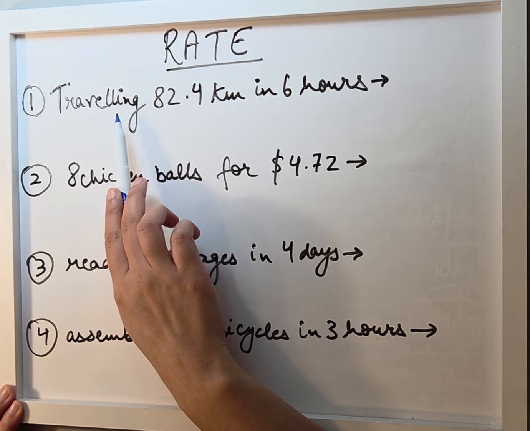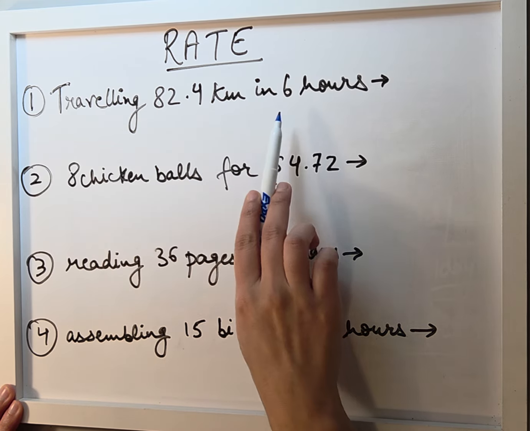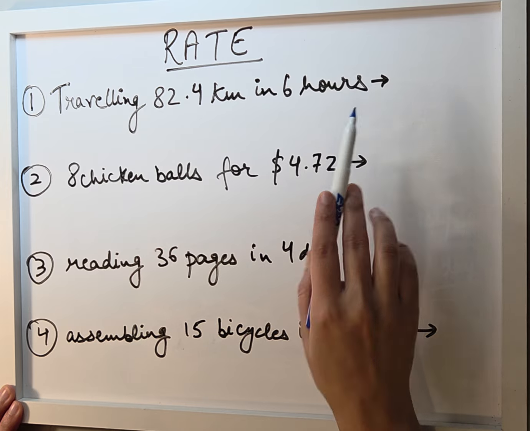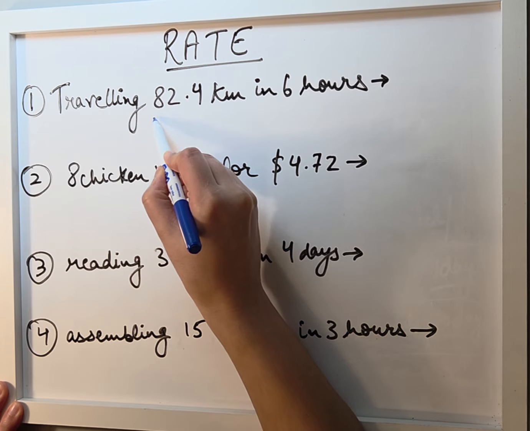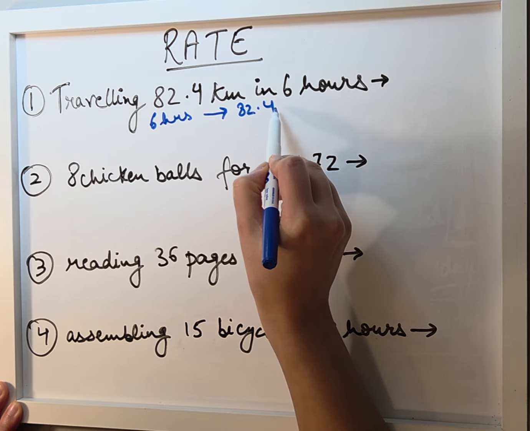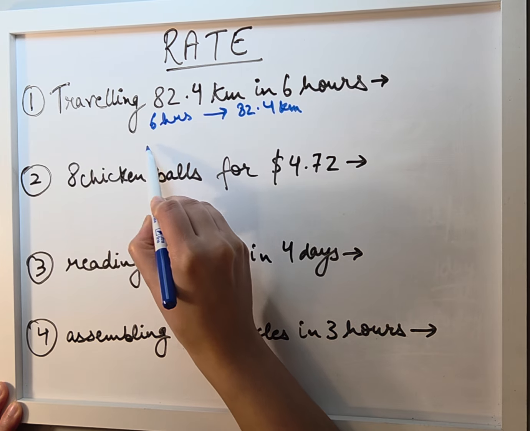Someone is traveling 82.4 kilometers in 6 hours. So we know that in 6 hours, someone is doing 82.4 kilometers.